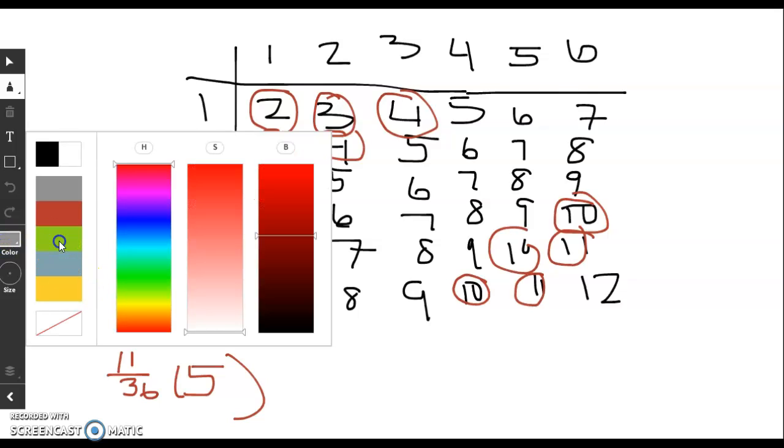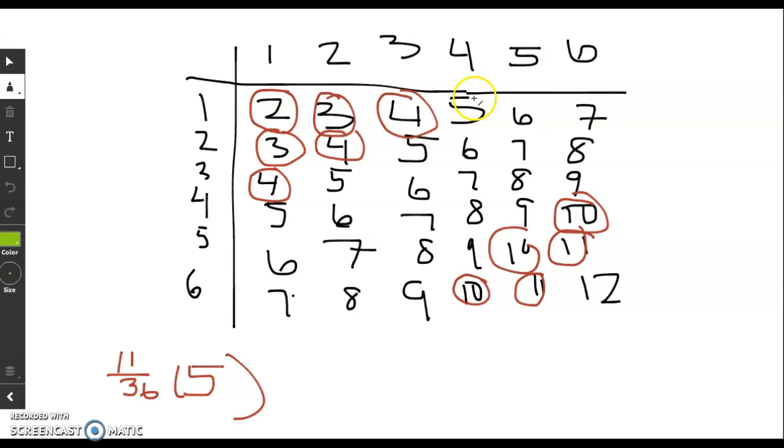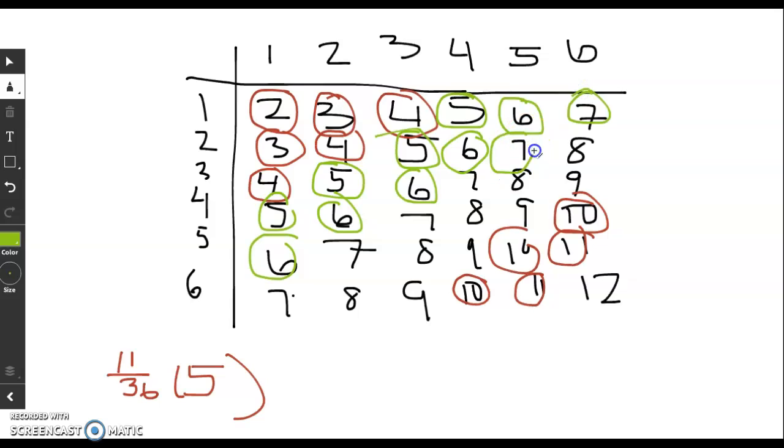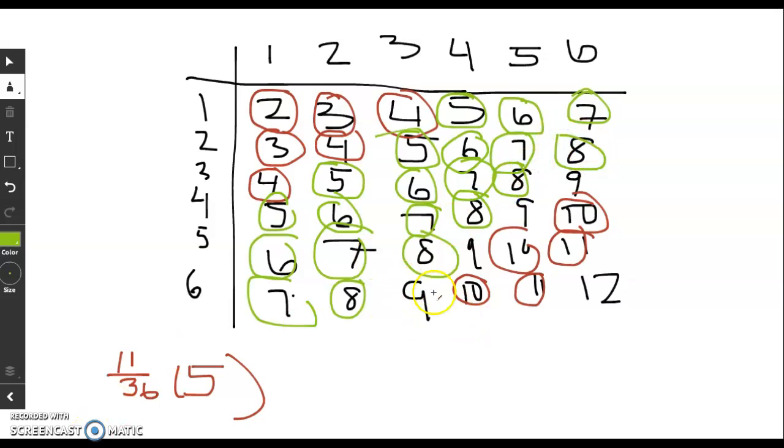Let's do green. So we have 5, 6, 7, 8, and 9.